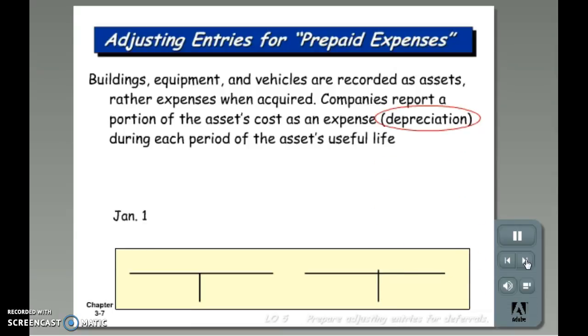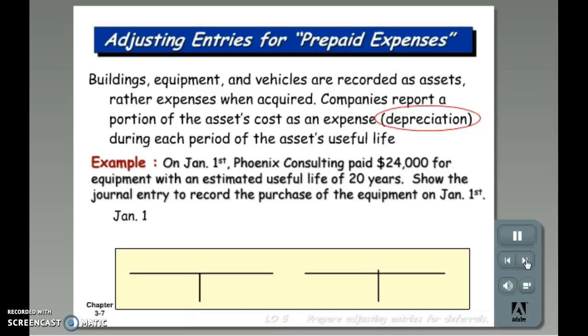On January 1, Phoenix Consulting paid $24,000 for equipment with an estimated useful life of 20 years. The entry associated with this transaction is a debit or increase to the asset account, which is equipment, and credit or decrease to the asset account cash.